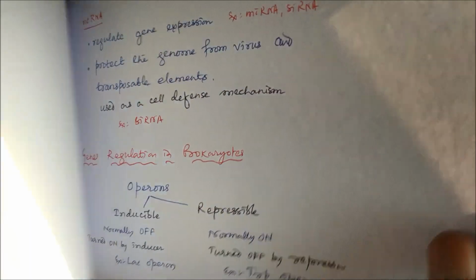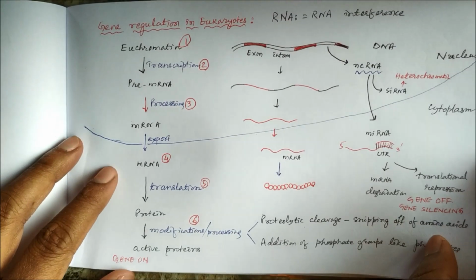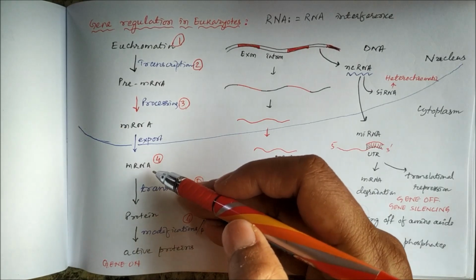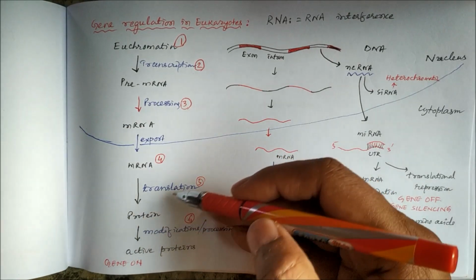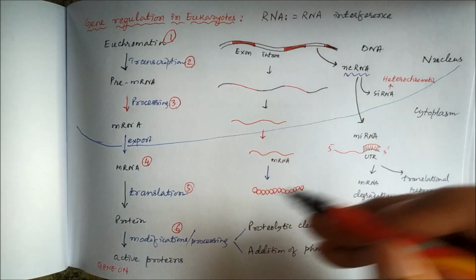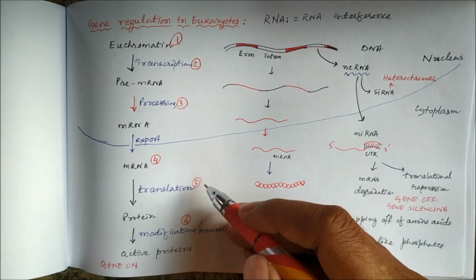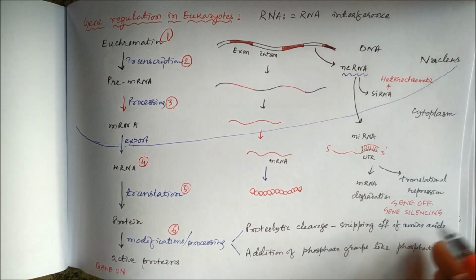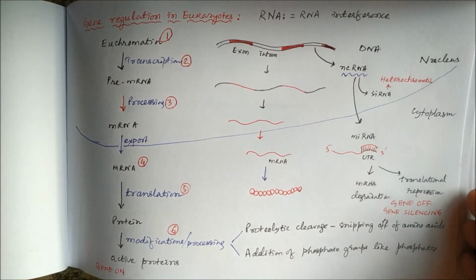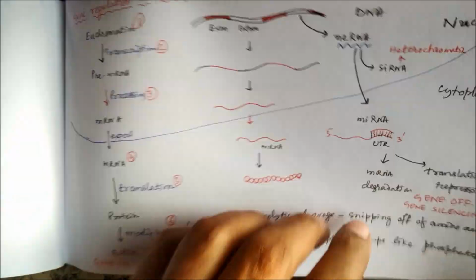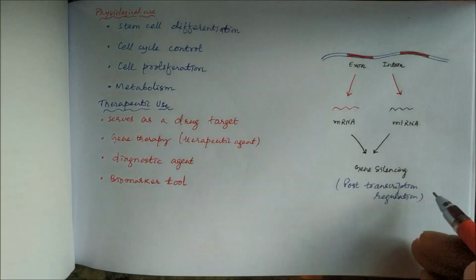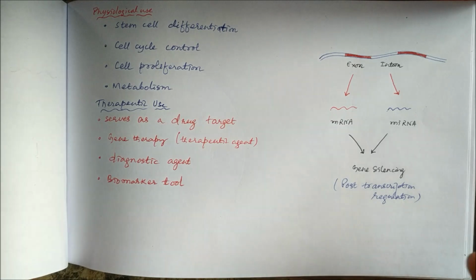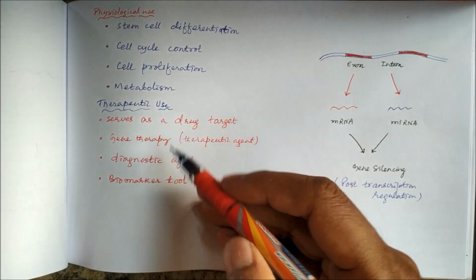You can see here this mRNA is translated into a respective protein, and in this step the microRNA can block and suppress the translation, and there can be gene silencing or gene off. So that principle can be used for its therapeutic use.